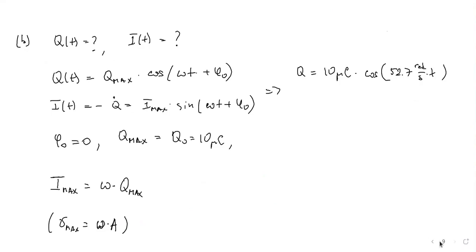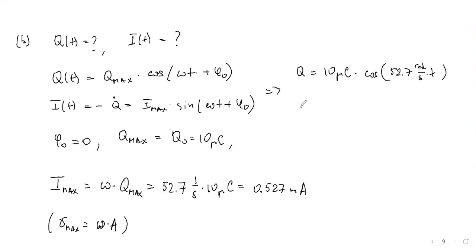So it's 10 microcoulomb multiplied by omega, which is 52.7 radians per second. So it will be 527 microampere. Maybe we can change it to half of milliampere, because micro will stay, but you have almost 500 here, yeah?